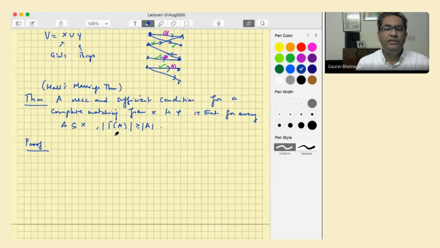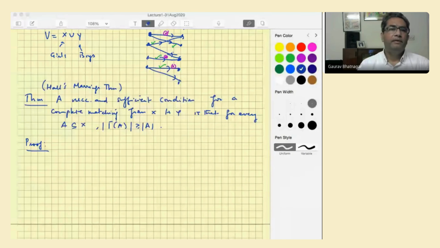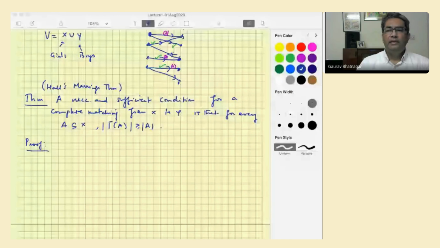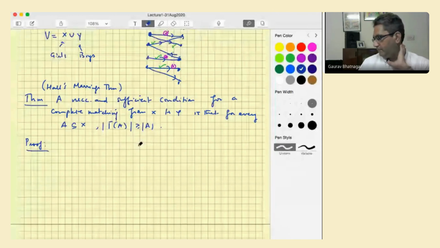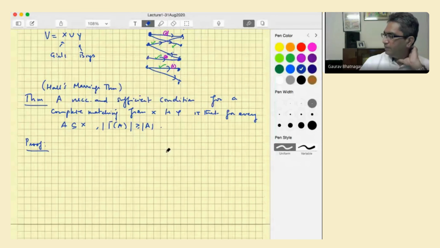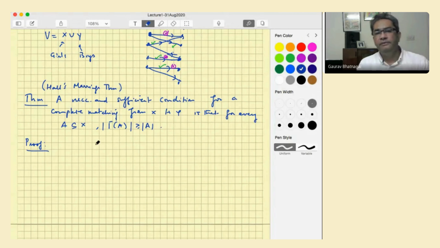This is a central theorem of graph theory, and I would say it's one of the fundamental theorems. It's used all over the place.